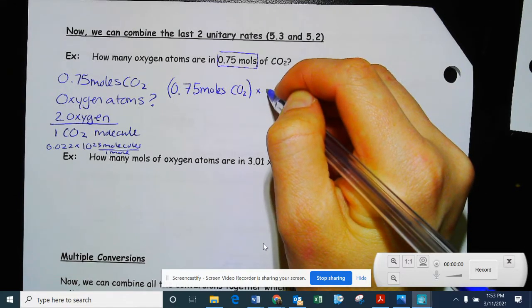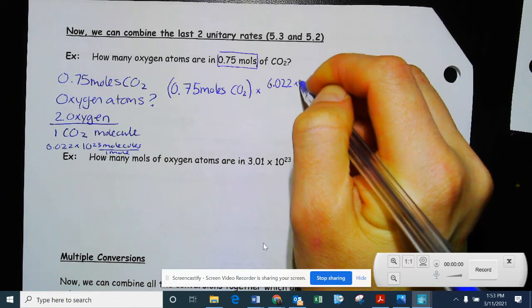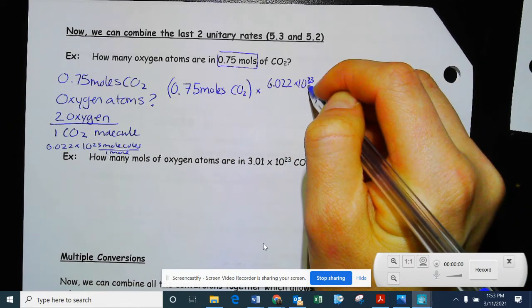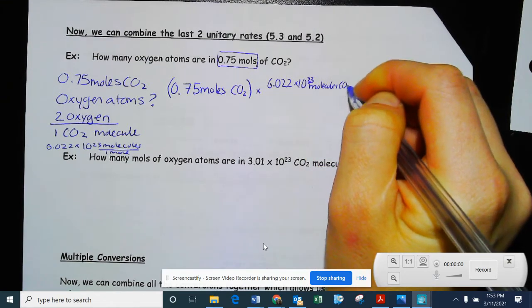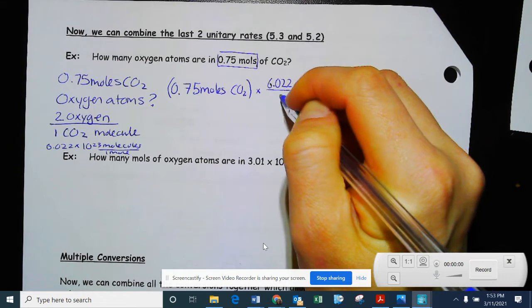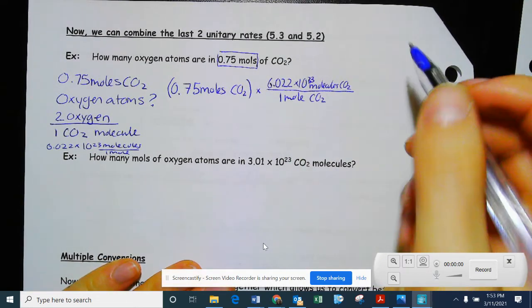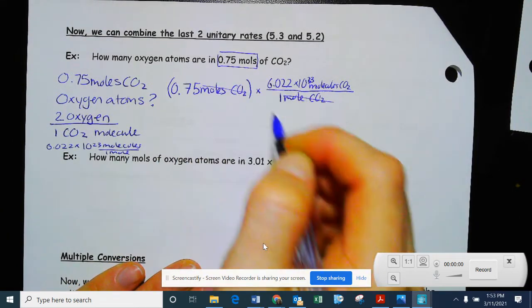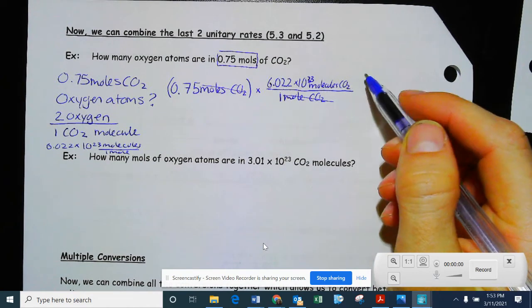So I've got 6.022 times 10 to the 23 molecules of CO2 for every 1 mole of CO2. So by doing this, I will cancel out the mole of CO2 unit, and I'll be left with molecules of CO2.